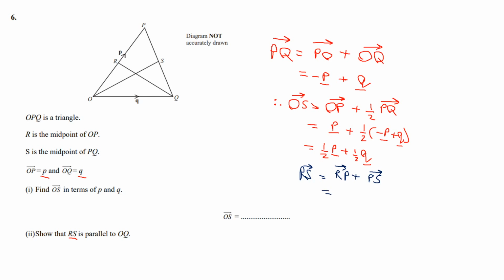R to P is a half P. P to S is a half times minus P plus Q. And so we're left with an answer of a half Q.